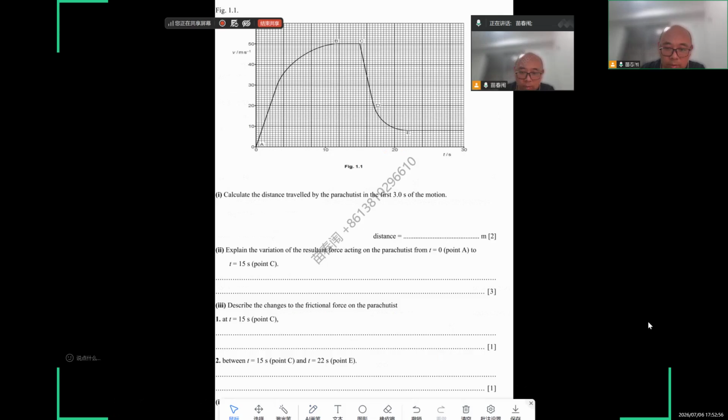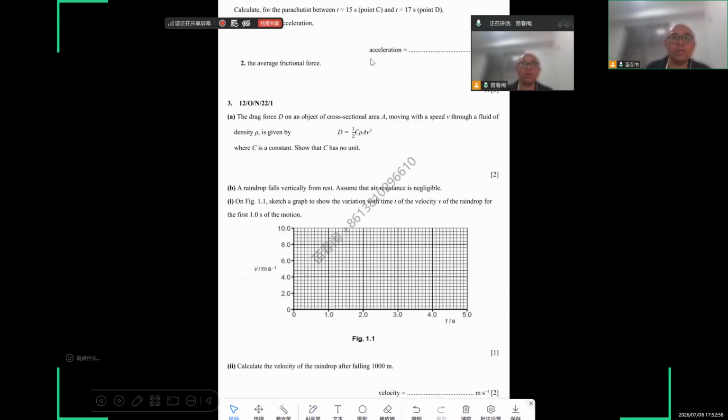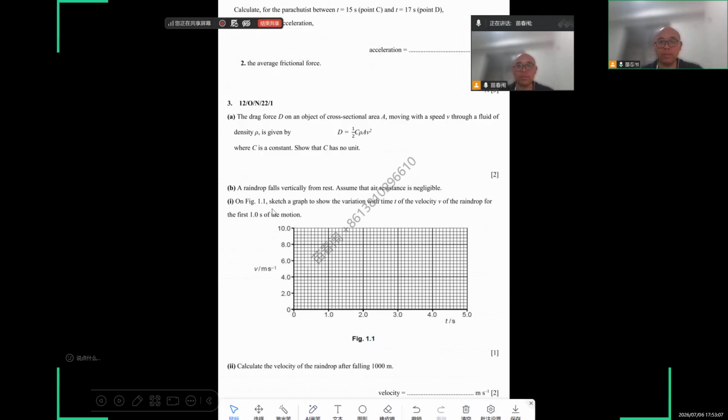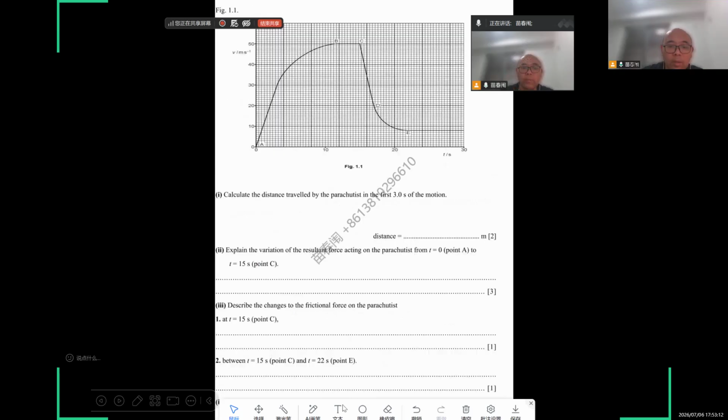That's the last question. Oh, there's another one. Calculate the average acceleration of the parachutist between C and D, 15 to 17. If this is linear as we talked about, then that's the slope. Oh, he's not asking for the friction, he's asking for the average acceleration.